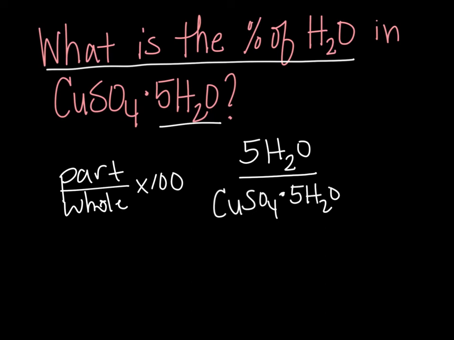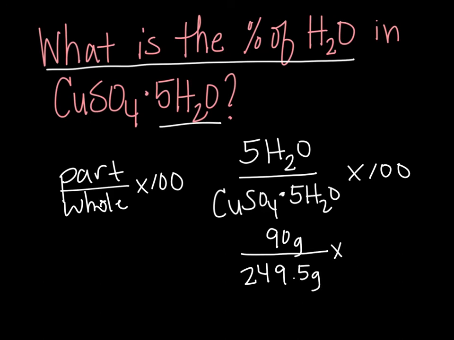And then when you get those masses, don't forget, you will multiply by 100 to get it into the percent form. So let's see, if you found these masses correctly, 5 waters will give you a mass of 90 grams. And then the mass of the whole entire thing, you should have gotten 249.5 grams.